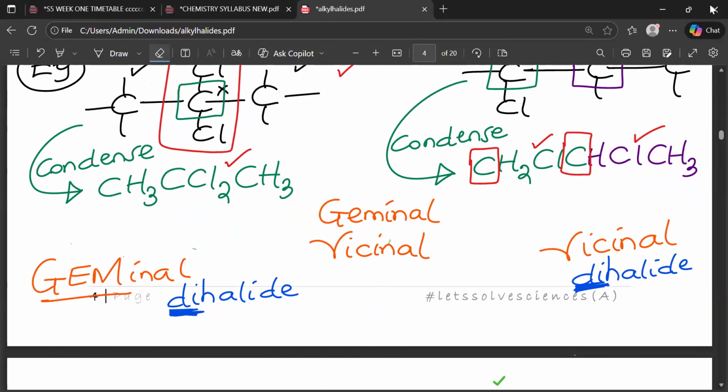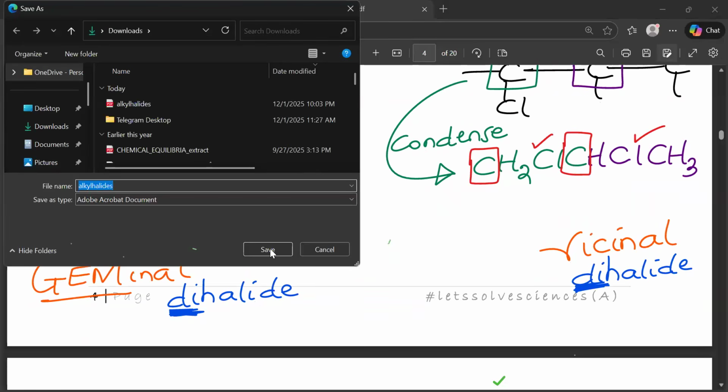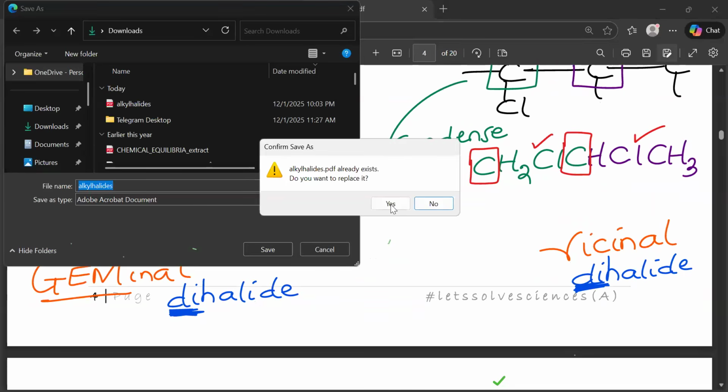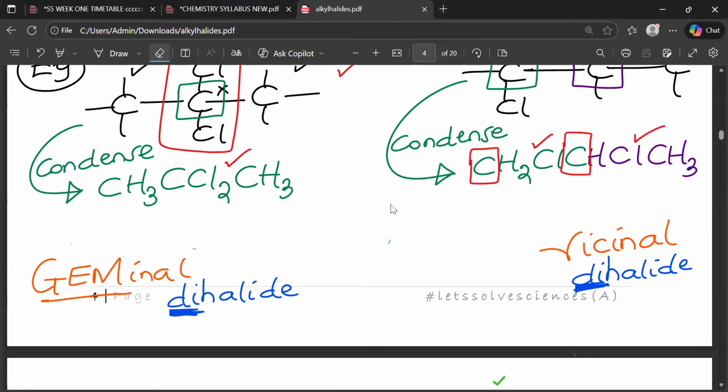I'm going to wrap this up. Hope that is okay, considering the geminal and vicinal. That shouldn't disturb you. Those words can be used in so many scenarios, so you should understand what they mean.